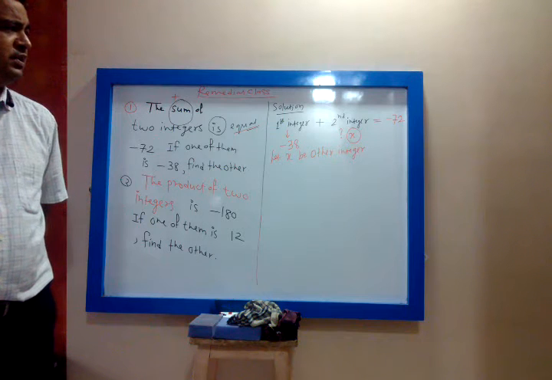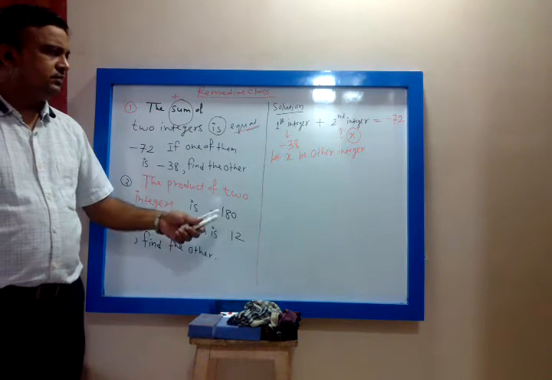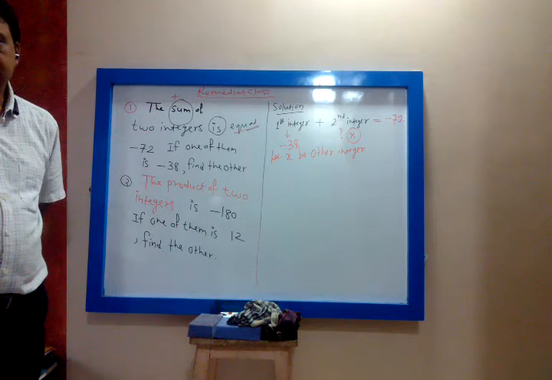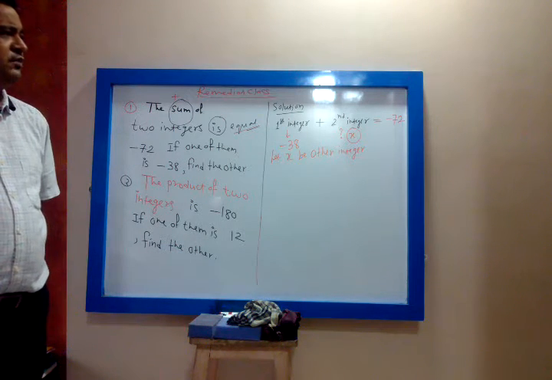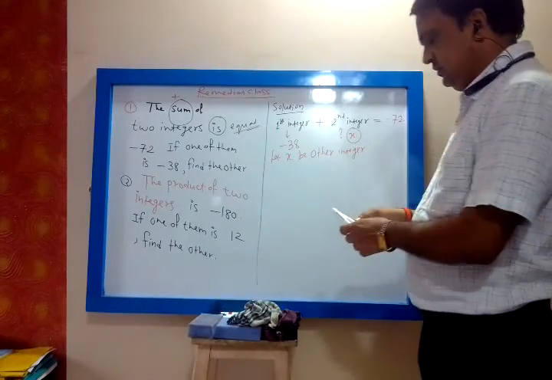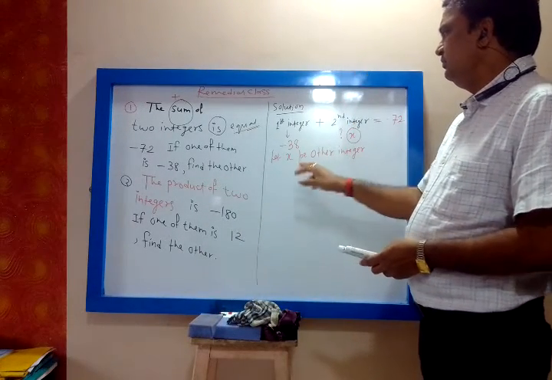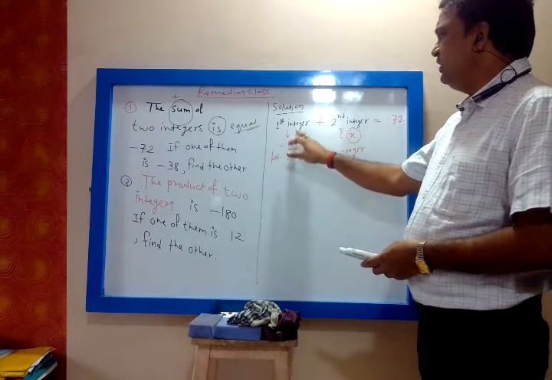What is that equation you will get? Other integer. Then what equation you will get? First integer is minus 38. What is that equation I am asking?